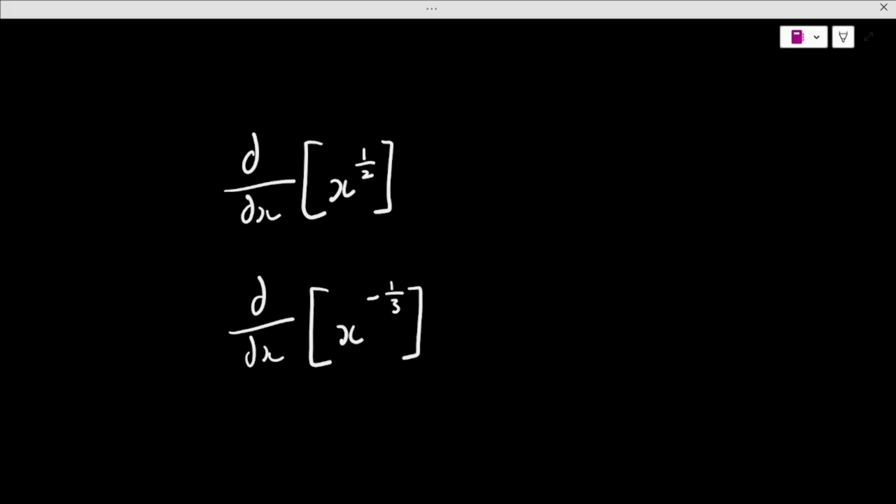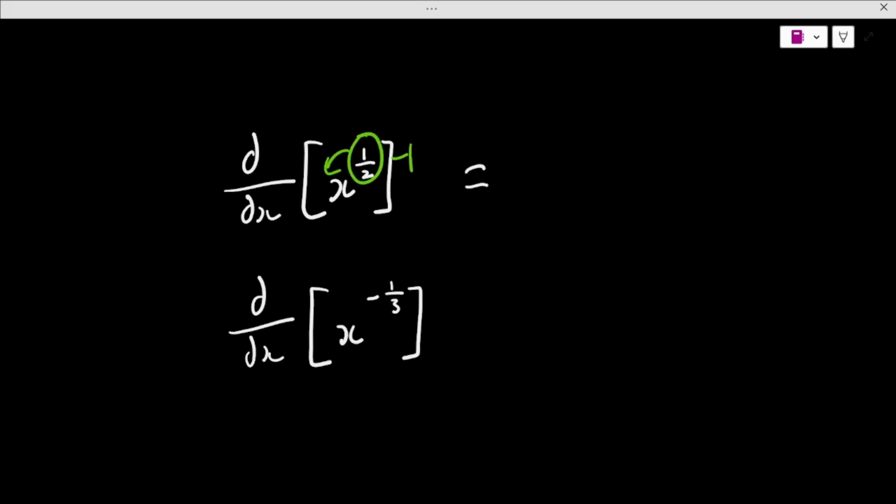How should we go about this? Can we use the power rule? Well, yeah, because it's in the form of x to the n, where n is a constant and n is not equal to 0. So therefore, we can still just take the power down and subtract 1.